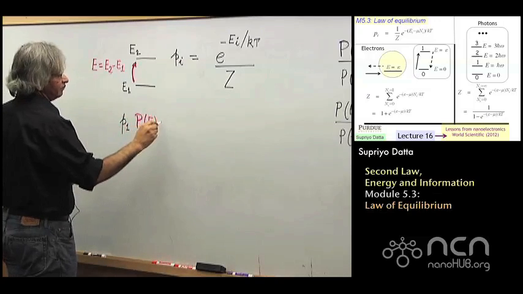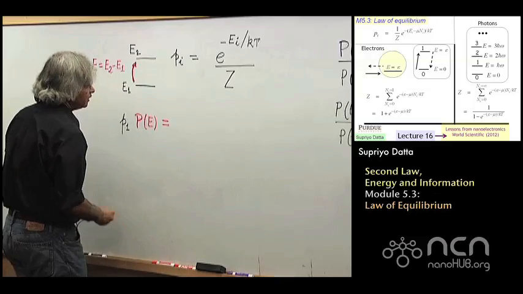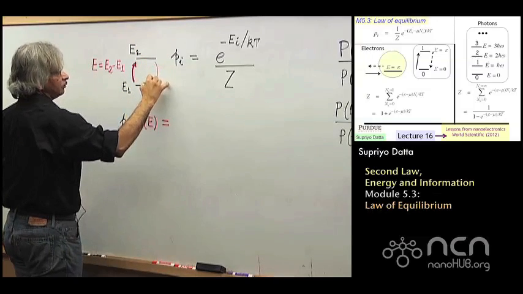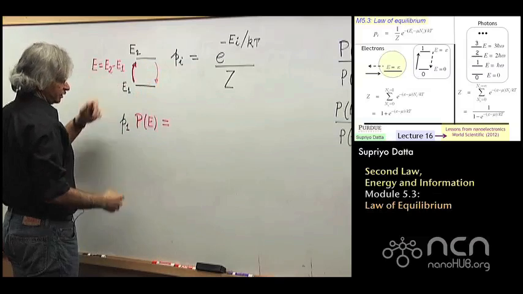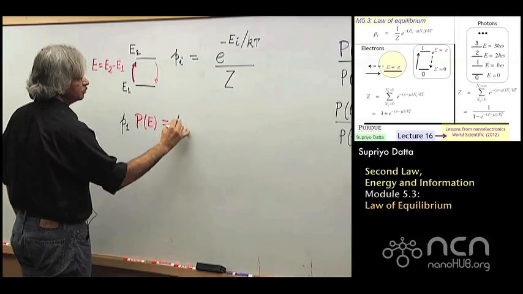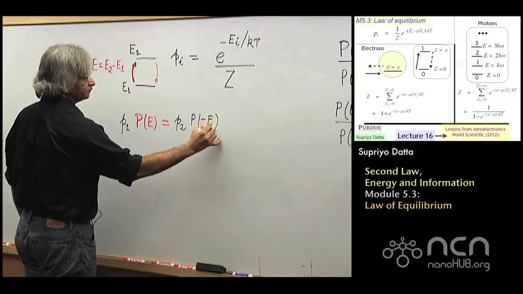And at equilibrium, that must be equal to the rate at which, if the system is here, it comes down by emitting an amount of energy E. So this must be equal to P2 times the probability that it will emit.